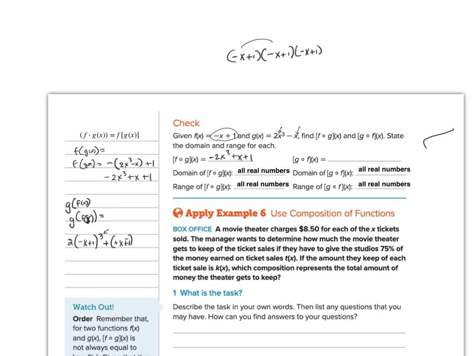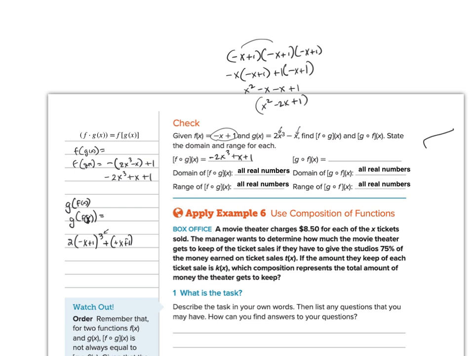So this would be my first option: negative x times negative x plus 1, plus 1 times negative x plus 1. And that is going to equal x squared minus 2x plus 1.